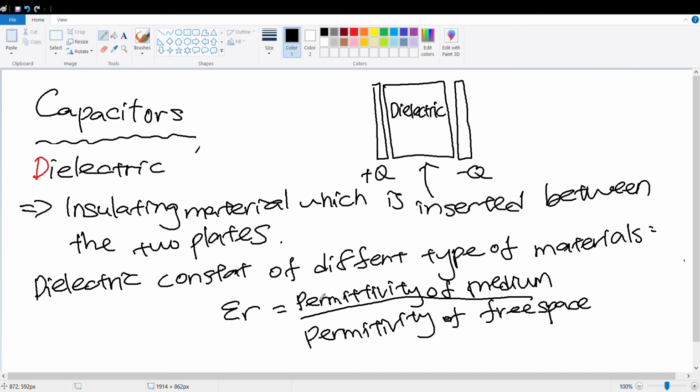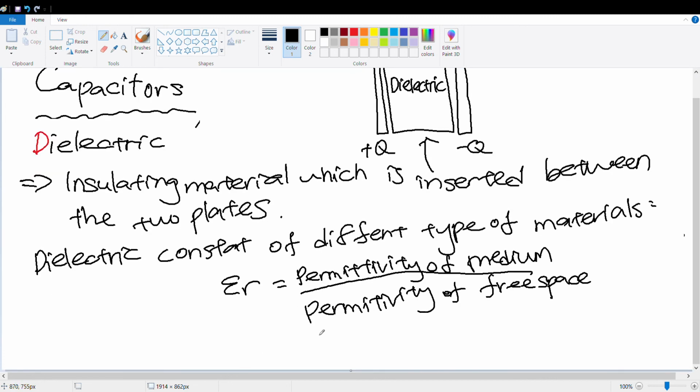Okay, so in simplified form, epsilon r equals epsilon divided by epsilon naught. So if I wish to find the permittivity of the medium, the permittivity of the medium is equal to the dielectric constant multiplied by the permittivity of free space.